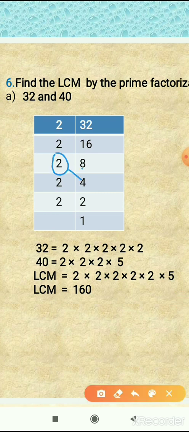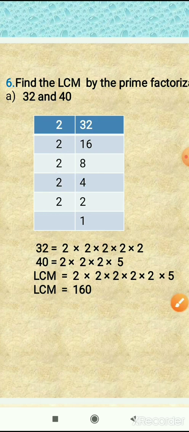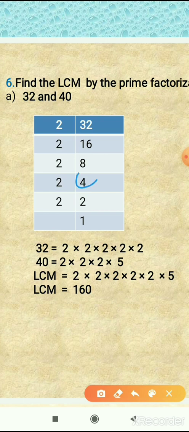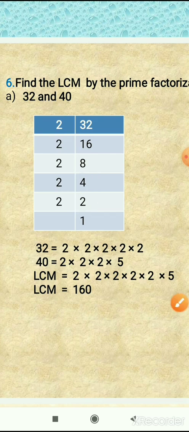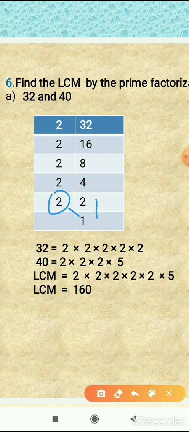2 4s are 8. Okay, 4 is the quotient, so we write it here. Now again we divide 4 by 2. 2 2s are 4. We get quotient 2, so we write 2 here. And 2 is a prime number. It is divisible by itself. Okay, so 2 ones are 2.